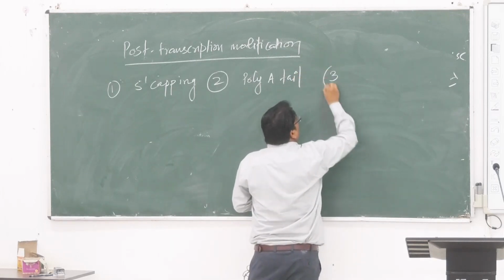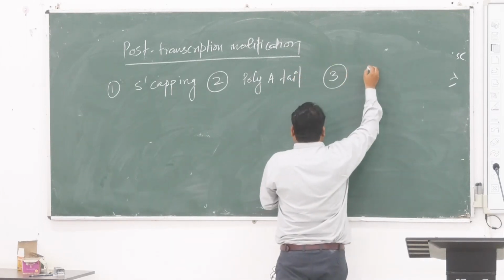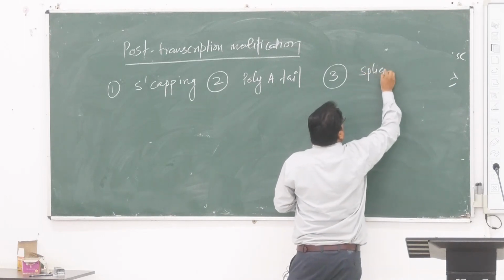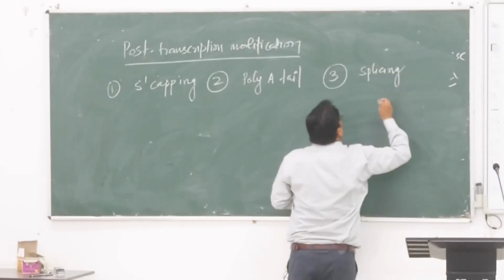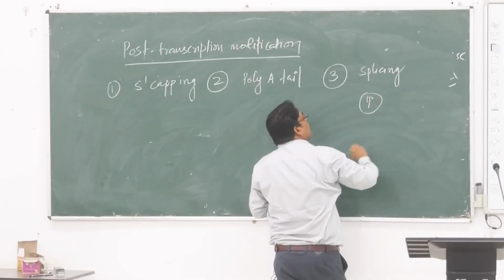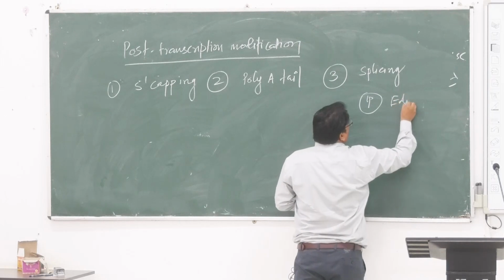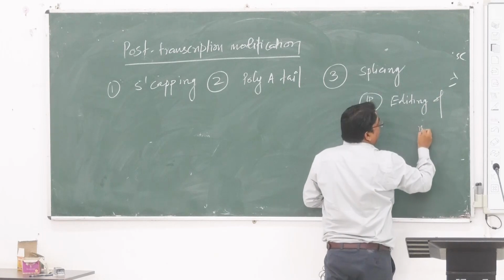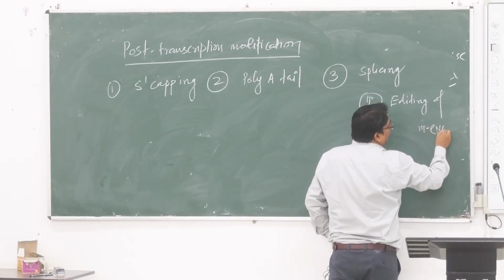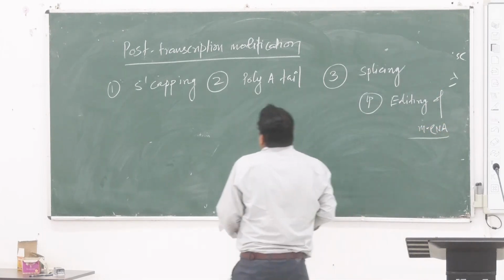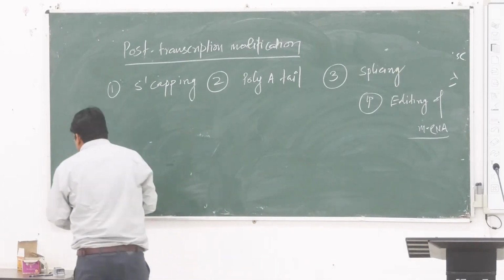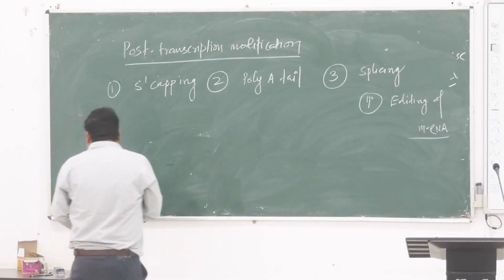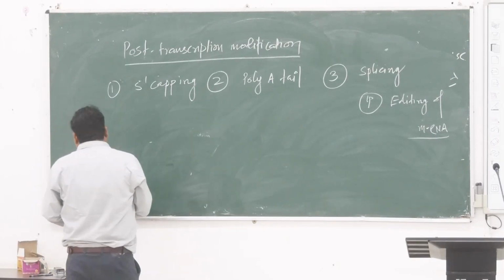Third one is splicing, and the fourth one is editing of mRNA. Now we understand all the things one by one.